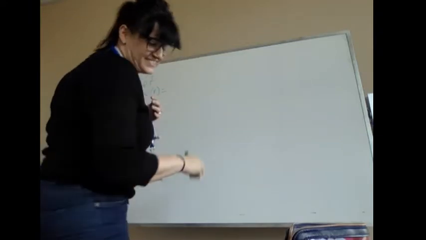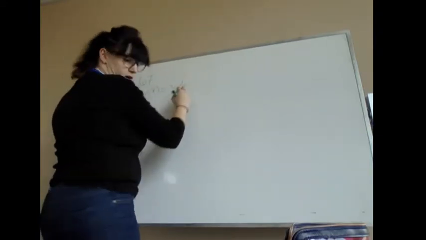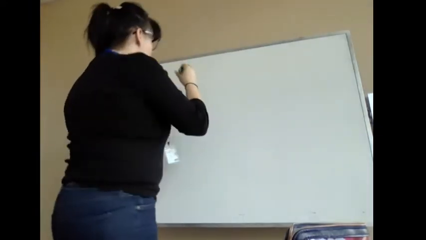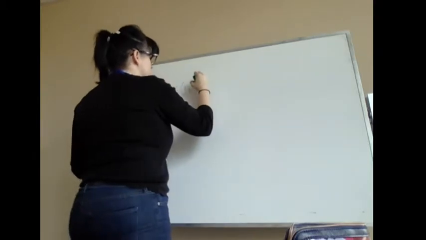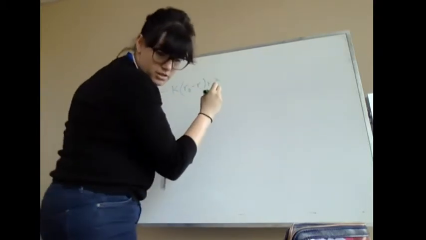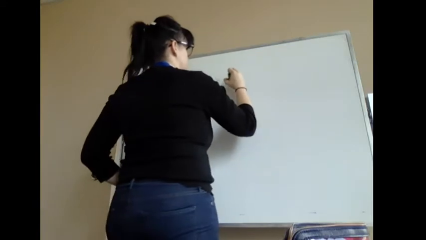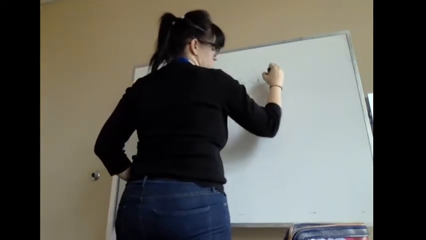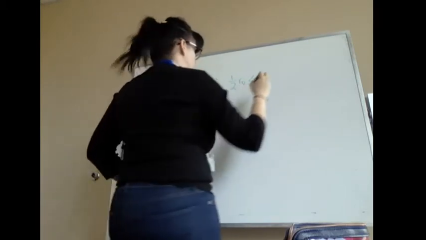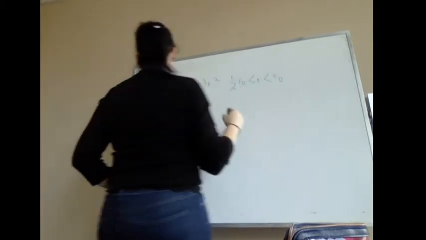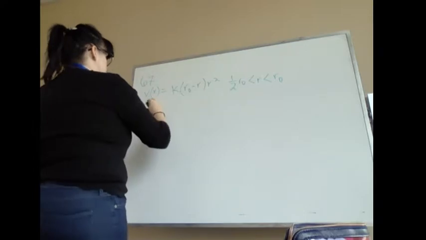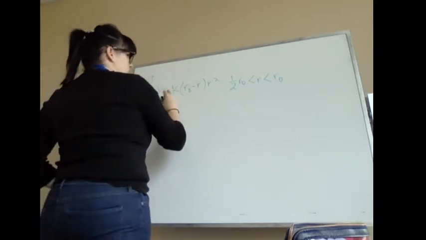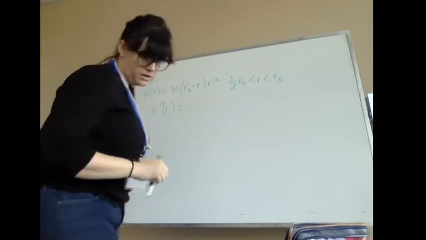V of r equals k times (r naught minus r) squared, for 1/2 r naught less than r less than r naught. Okay. V prime of r equals, k is a constant, right?